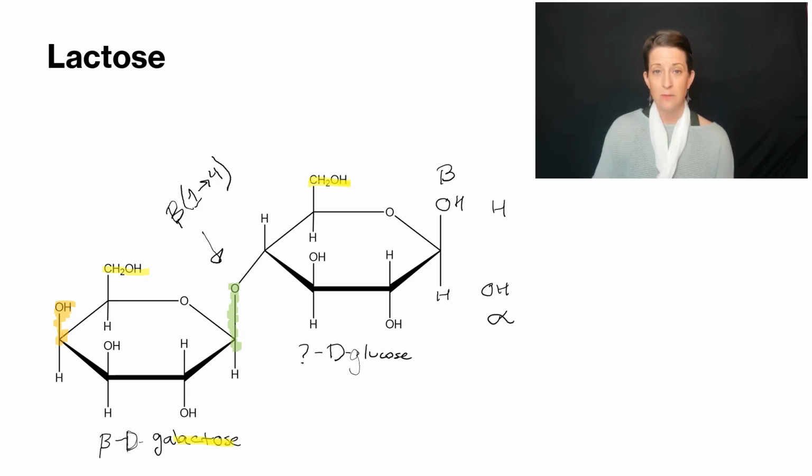This is another reason that if we don't have lactase in our body, and lactase is specific to breaking that beta 1,4 glycosidic linkage, we can't break it down readily, which is why lactose is a lot harder for us to digest, especially as we get older.